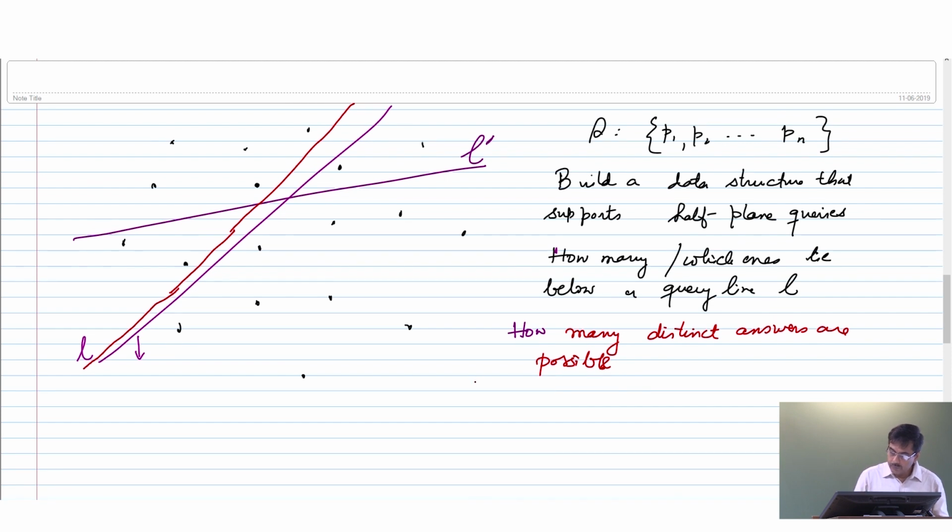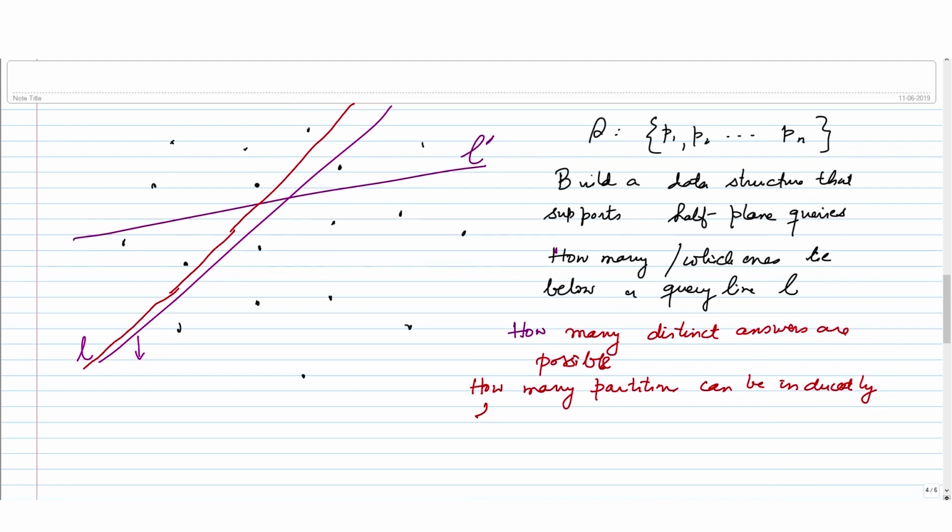So, this depends on how many partitions can be induced by lines. And the naive answer would be that there are n points. How many possible subsets are there? 2 to the power n, right. So, either the point is in the subset or not in the subset. So, that is a large number, huge number, exponential, right, 2 to the power n.